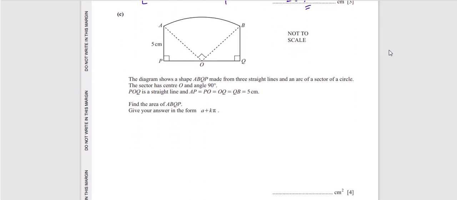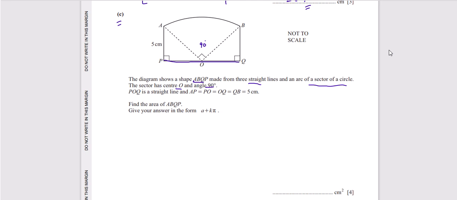Part C. The diagram shows the shape ABQP made from a straight line and the arc of a sector of a circle. This sector has center O and the angle is 90. This angle is equal to 90 degrees.